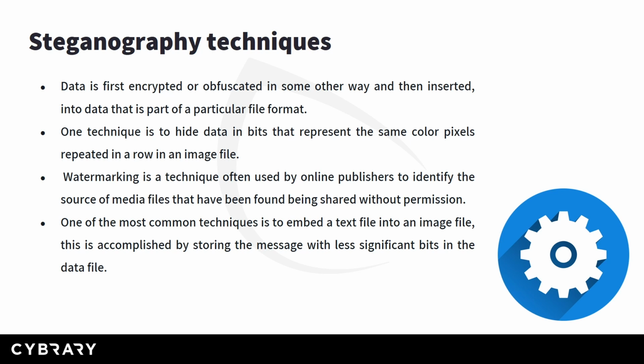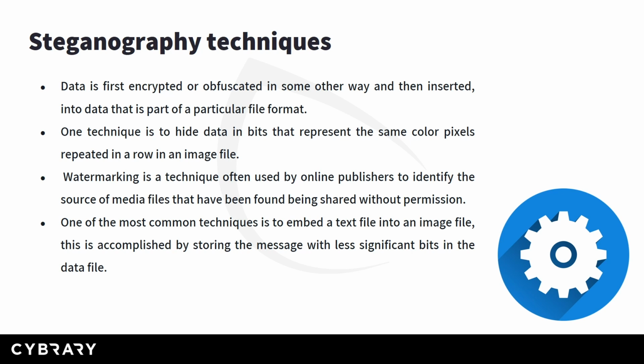One technique is to hide data in bits that represent the same color pixels repeated in a row in an image file. By applying the encrypted data to this redundant data in some inconspicuous way, the result will be an image file that appears identical to the original image but that has noise patterns of regular unencrypted data.